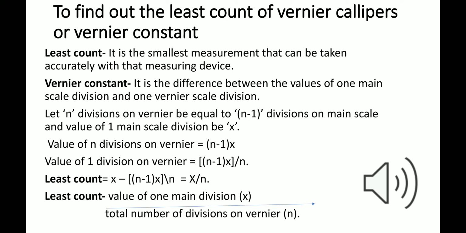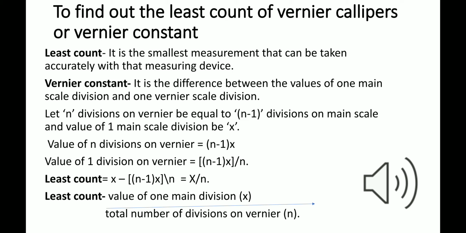Value of n divisions on vernier will be equal to n minus 1 divisions into x. And value of one division on vernier, applying the unitary method, is n minus 1 into x upon n.